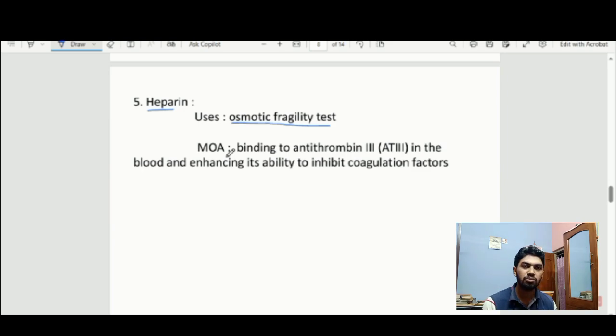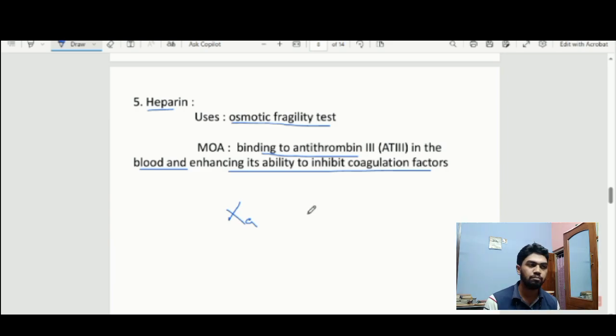Heparin binds with antithrombin 3 and prevents blood clotting, enhancing the ability of inhibiting coagulation factors. Heparin also inhibits factor 10A activation. In the pathway, factor 10 is activated factor 10, so heparin also blocks that.